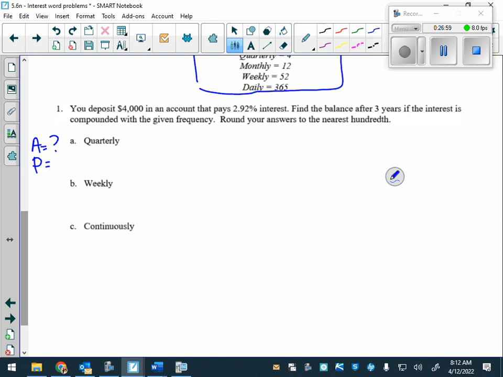Yeah, Zach. 4,000. What is our rate as a decimal? Percent. How would I write that as a decimal?